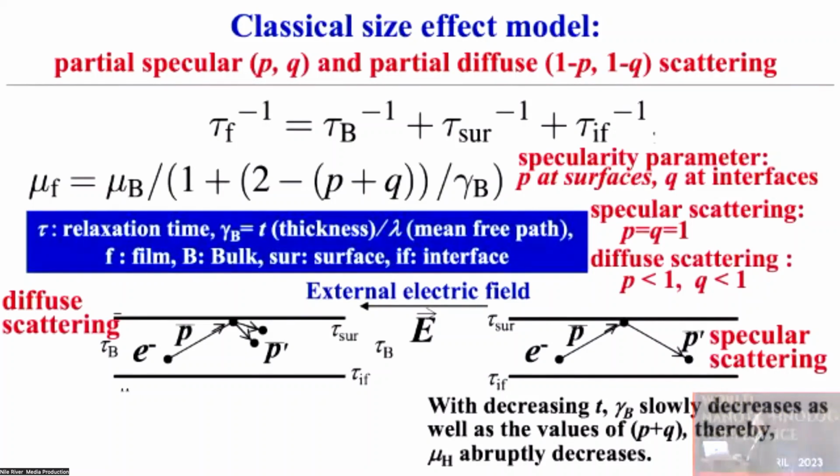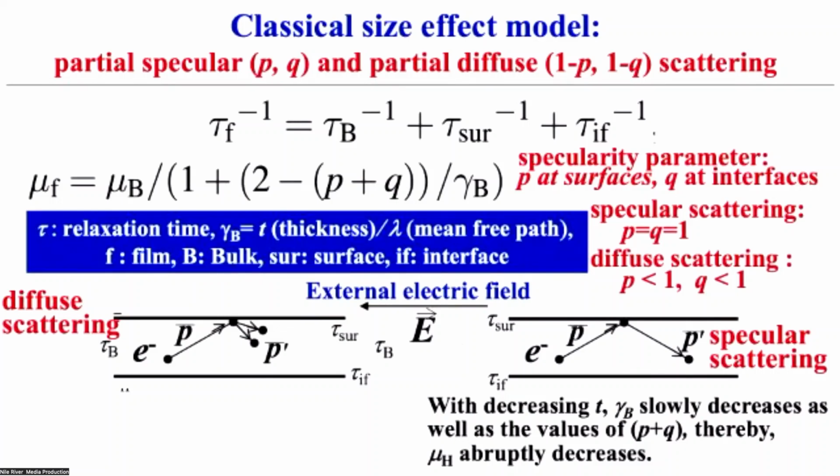Based on the model, the lifetime of carriers in the films can be expressed as a combination of the lifetime of bulk, surface, and interfaces. Using this equation, we obtain the carrier mobility of the films, which includes the carrier mobility of bulk.